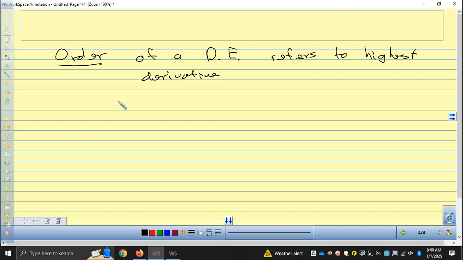So first order differential equations have a first derivative only. And we've seen first order differential equations written in differential form.